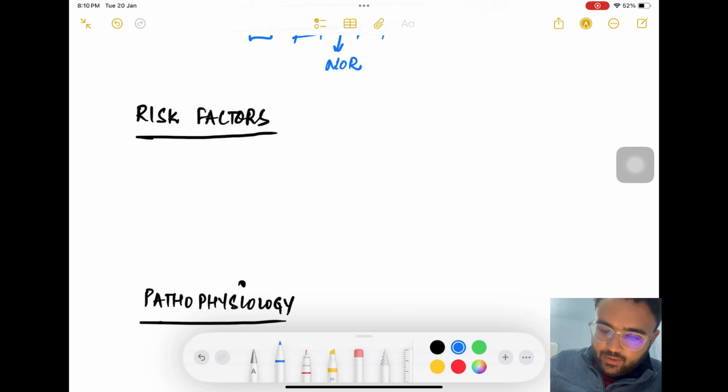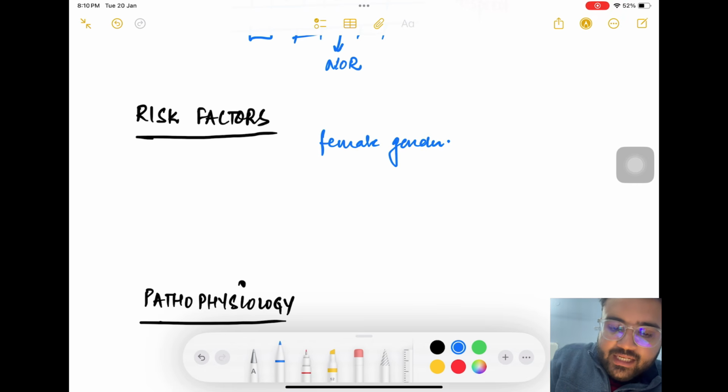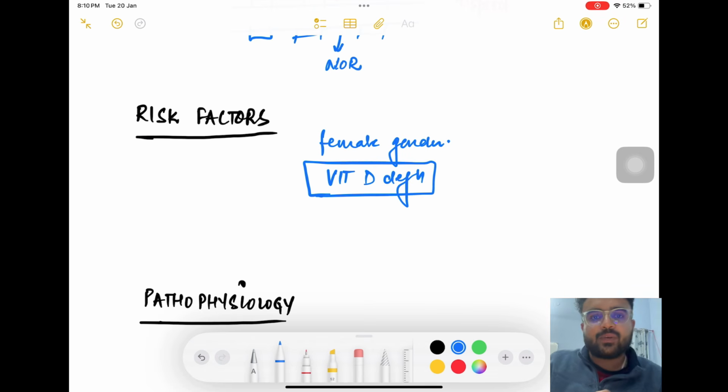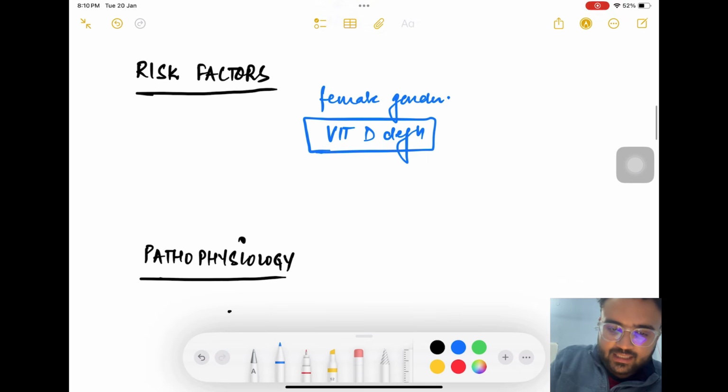Talking about risk factors: first of all, female gender, as this is an autoimmune disorder. Then an important one is vitamin D deficiency. That's why this is more common in North Canada and similar regions, not in India, because India receives a considerably good amount of sunlight. This is followed by high socioeconomic status.